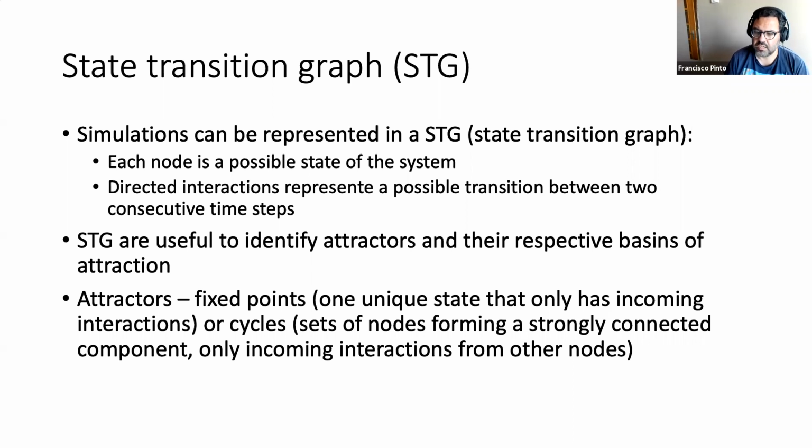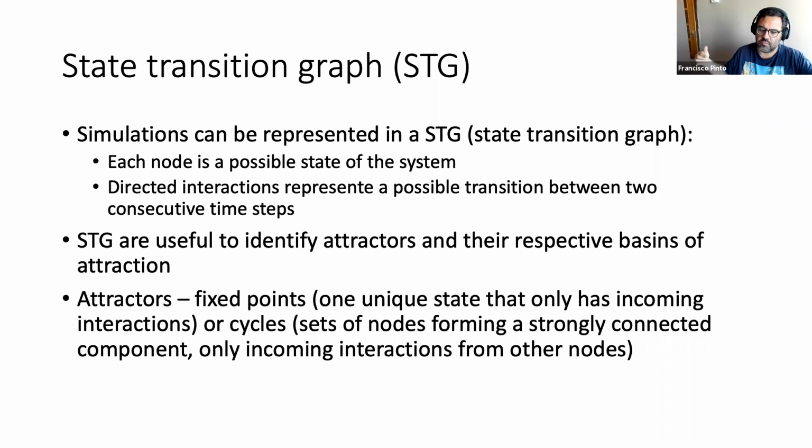Attractors are one state of the system or a set of states of the system that, if the trajectories go into that set, they will never get out of that set. So what kind of attractors can you have? You can have fixed points, when you have one node in the state transition graph, so one unique state, that has only incoming arrows.